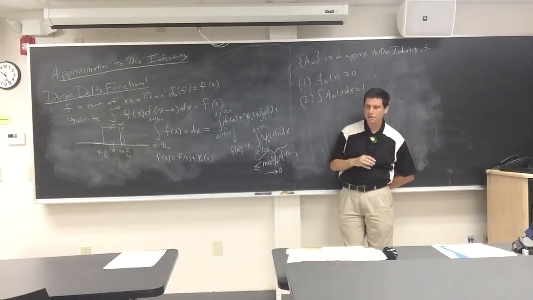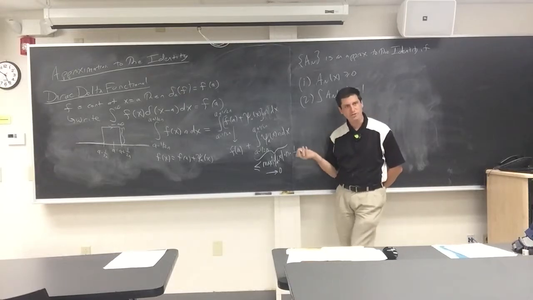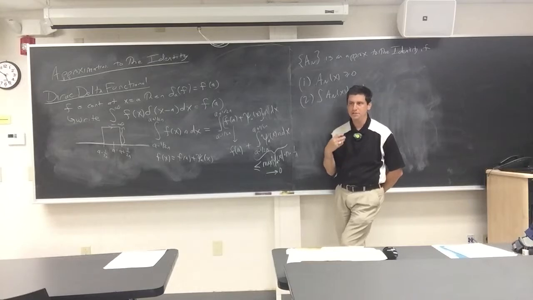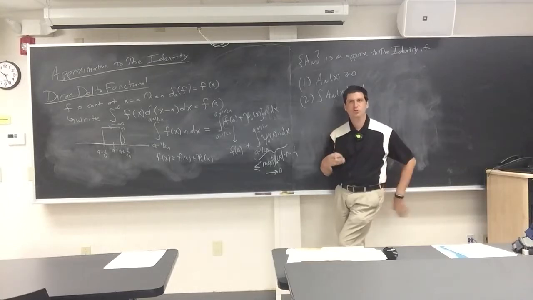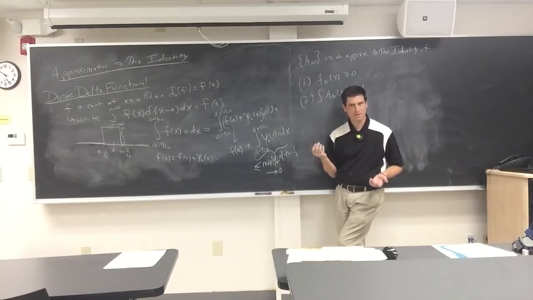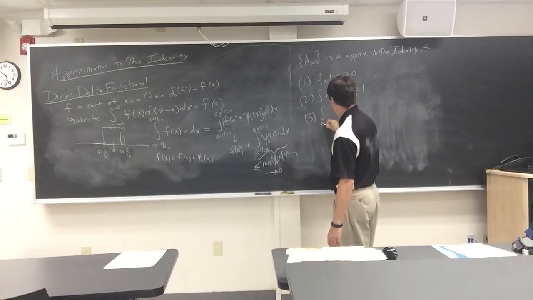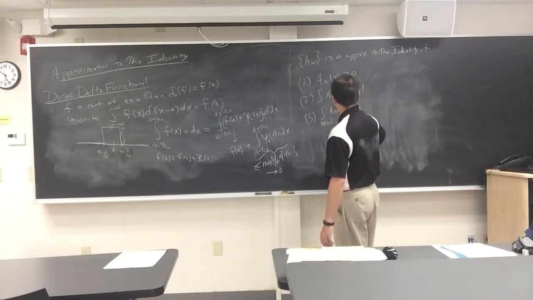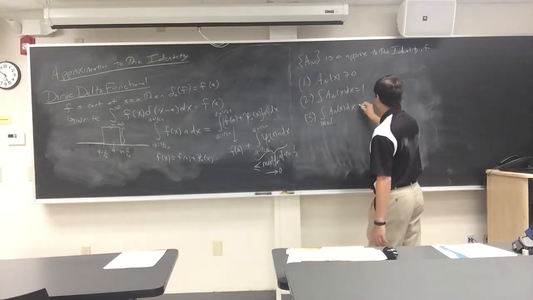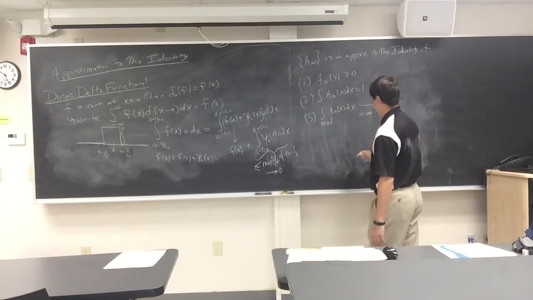And then the last one depends a little bit on whether you are doing it on the real line or on the interval 0, 1. There's some special point, and as long as you stay away from that, the integral is small. So if we do things about 0, the integral over x greater than or equal to delta of a_n of x dx goes to 0 as n goes to infinity.